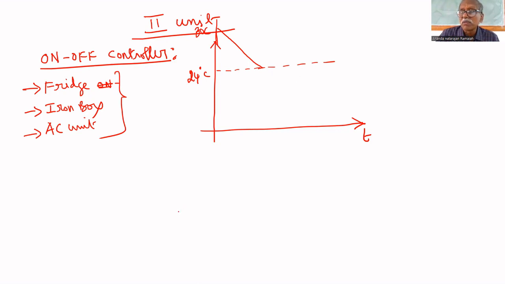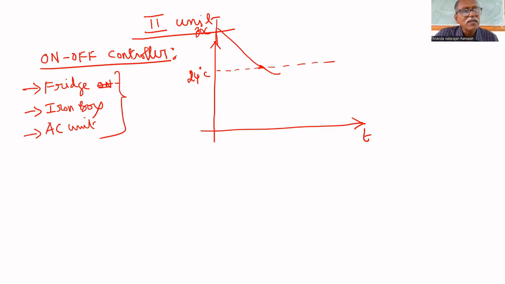To sense that room temperature, you put it maybe somewhere else in the unit itself. That's why there will be a further fall because of inertia. At this point, it is turned off.